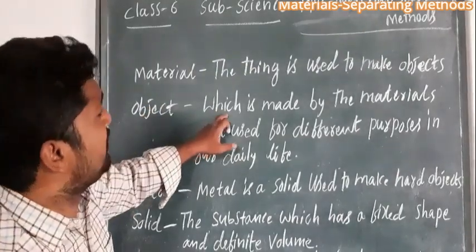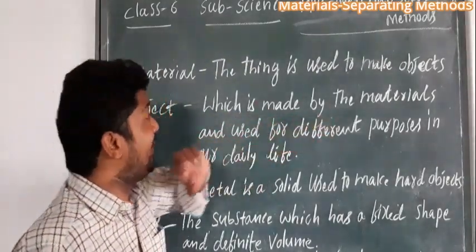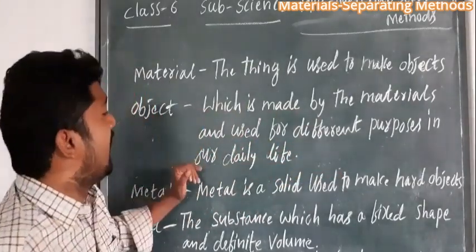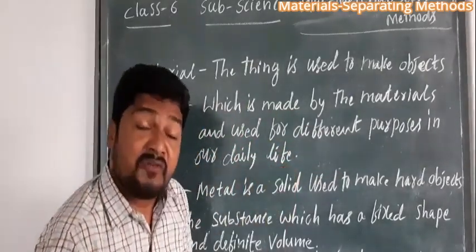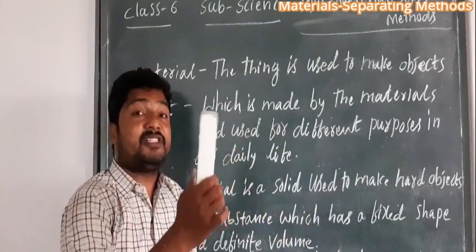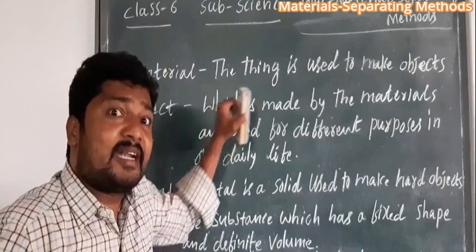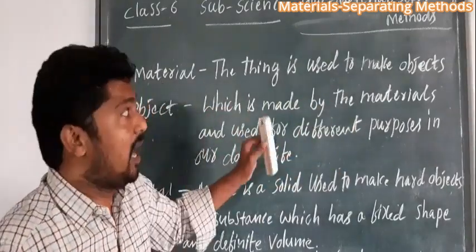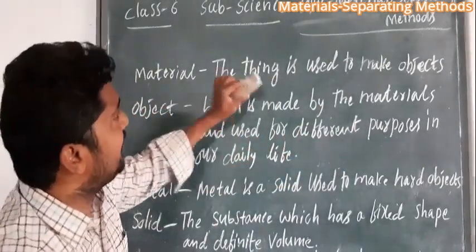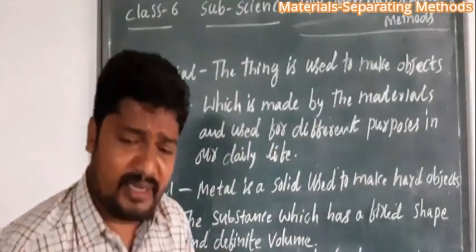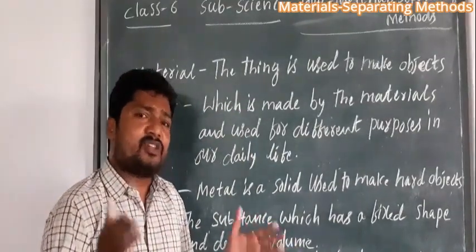Next, what is an object? Let's see. An object is made by the materials and used for different purposes in our daily life. I can use this for different purposes, isn't it? And not only one thing, many things also.